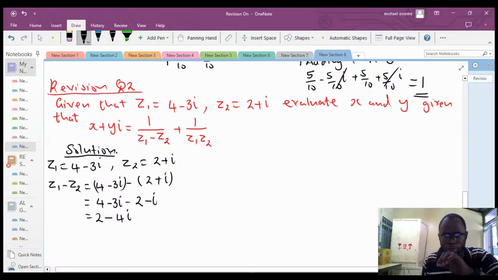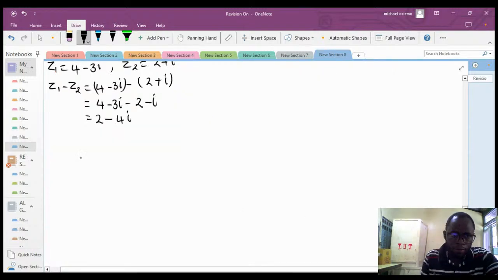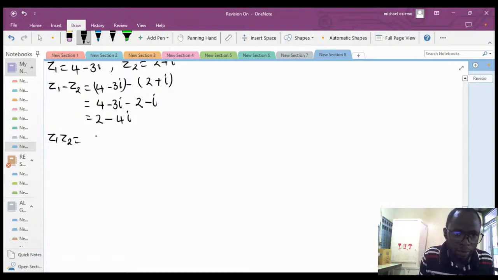Also again, you need to perform z1 times z2. So z1 times z2 is equal to 4 minus 3i multiplied by 2 plus i.